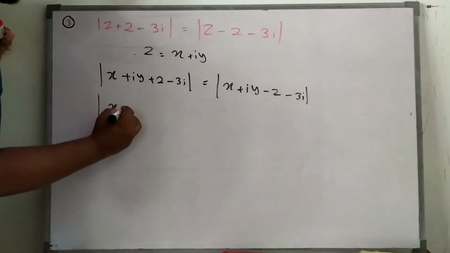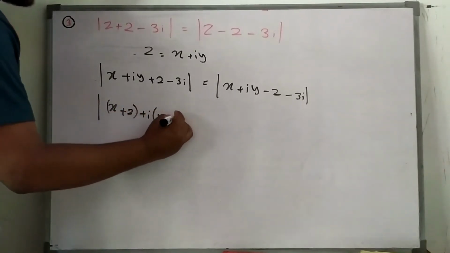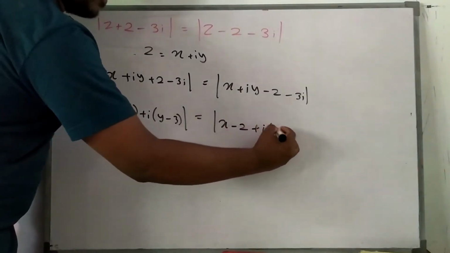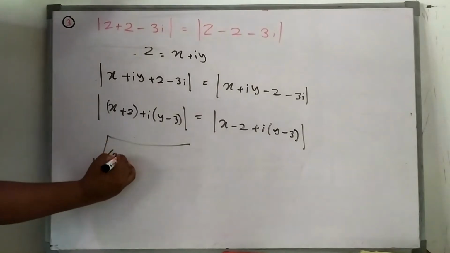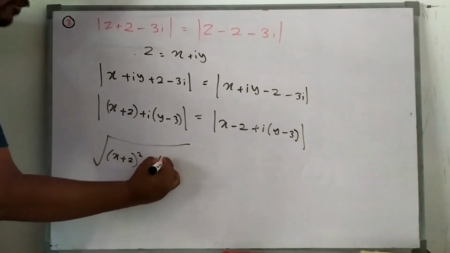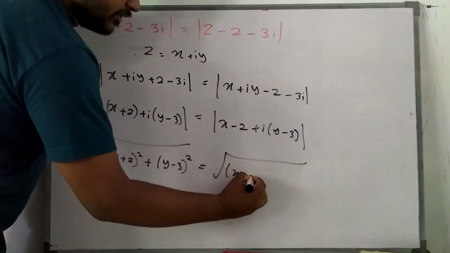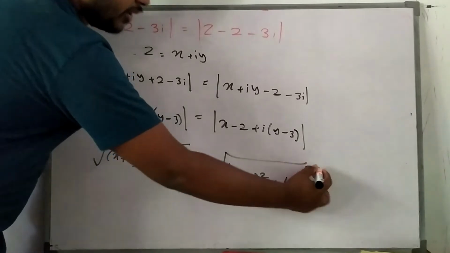Then it's (x + 2) + i(y − 3), and (x − 2) + i(y − 3), right? So this is the square root of (x + 2) whole squared plus (y − 3) whole squared. This is the square root of (x − 2) whole squared plus (y − 3) whole squared, right?